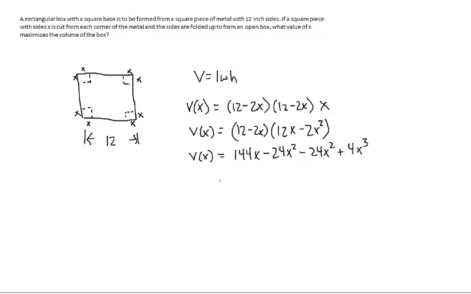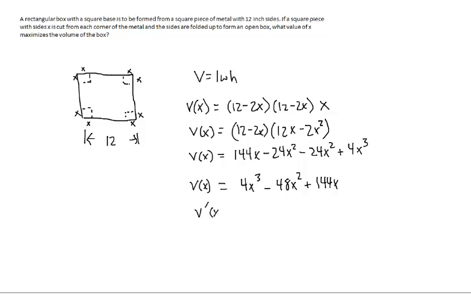And now I'm going to rewrite it, gathering like terms. It is equal to 4x cubed minus 48x squared plus 144x. And now that we've created a volume function, we can take the derivative of this function.